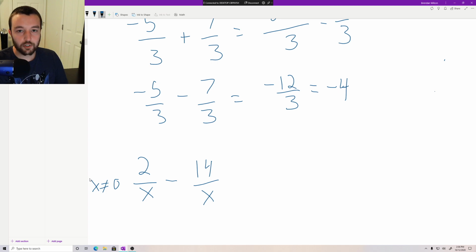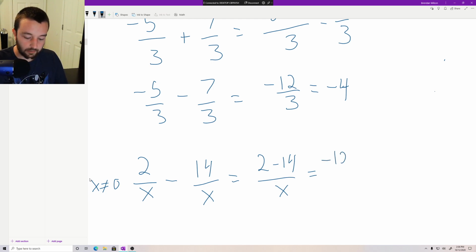Okay, so just to demonstrate that it really doesn't matter what the denominator is as long as they're the same thing, we're going to have 2 minus 14 on the top. Okay. So start at 2, go left 14, and we'll be at negative 12 over x.